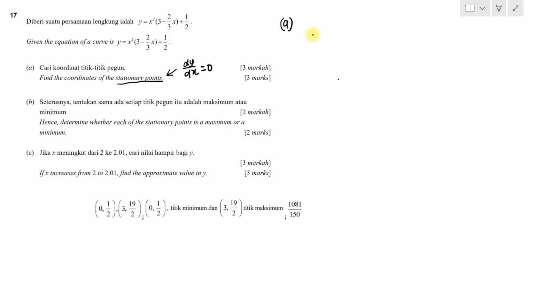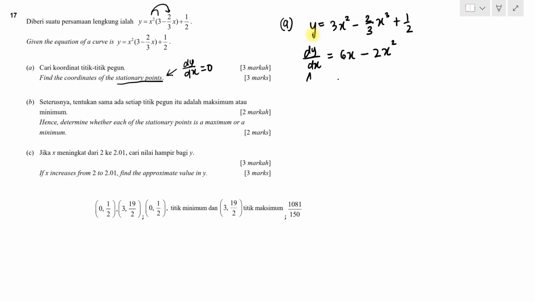So this one, I think we need to expand the equation. So y equals 3x square minus 2 over 3 will be there. And then x square multiply x will become x cube, plus half. So dy/dx should be 6x minus 3 and 3 cut, so 2x power 2.